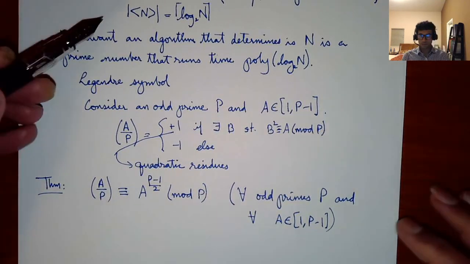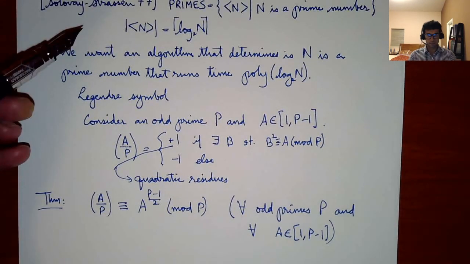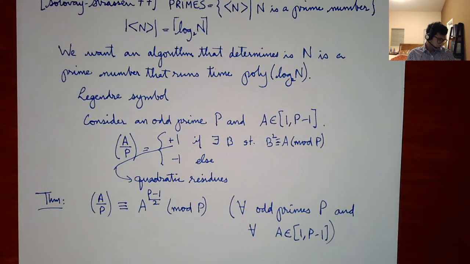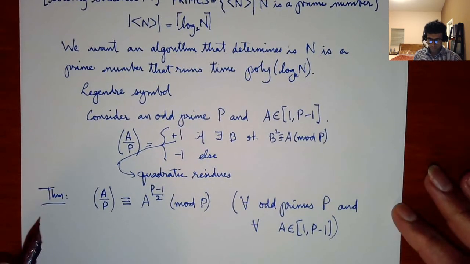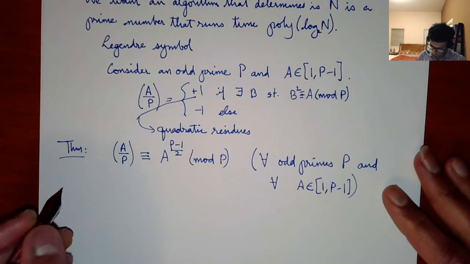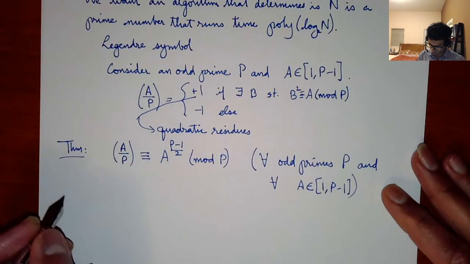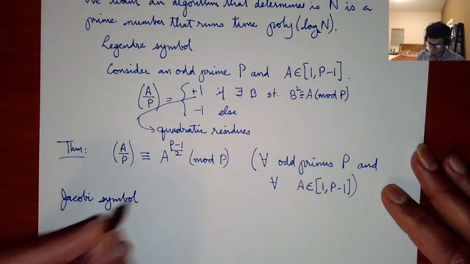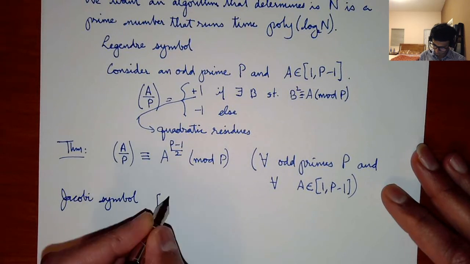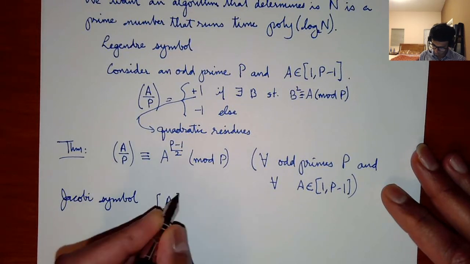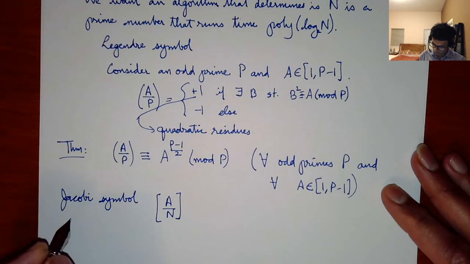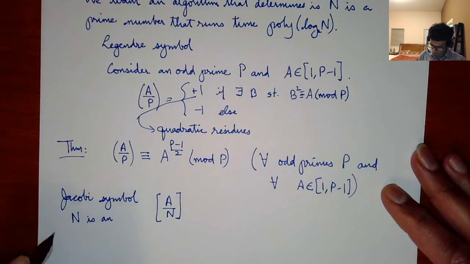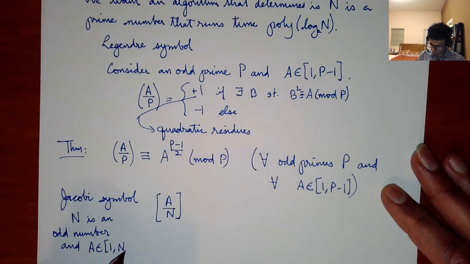But you're given a number n, and you want to determine if it is prime. So what is interesting is that the generalization of this is called the Jacobi symbol. And so the Jacobi symbol is often written in this form. Now again, n is an odd number, not necessarily prime, and a will range from 1 to n minus 1.